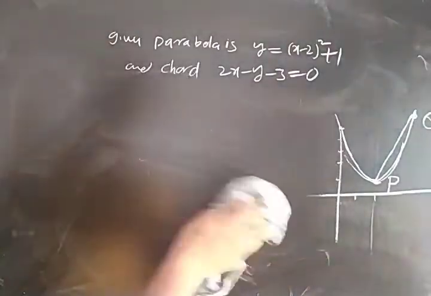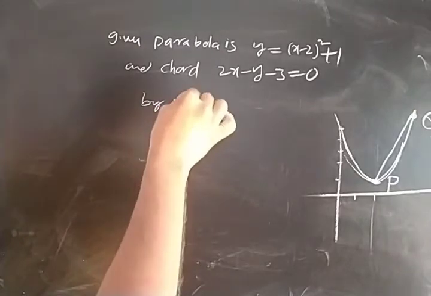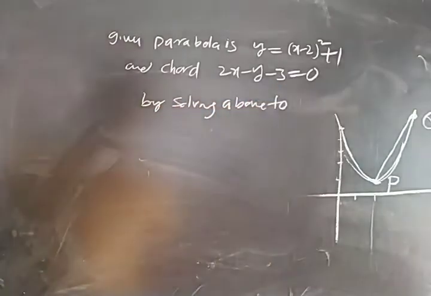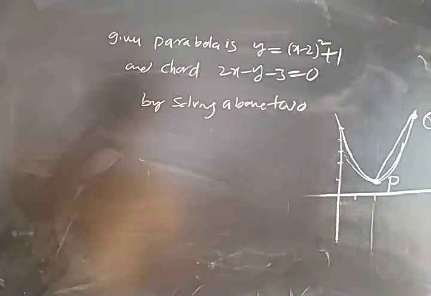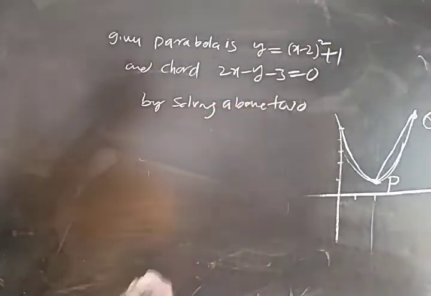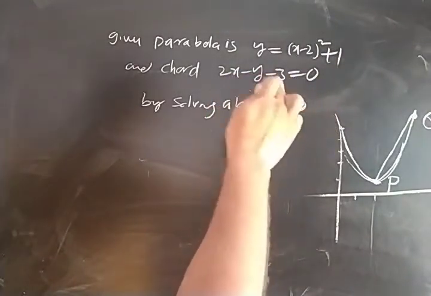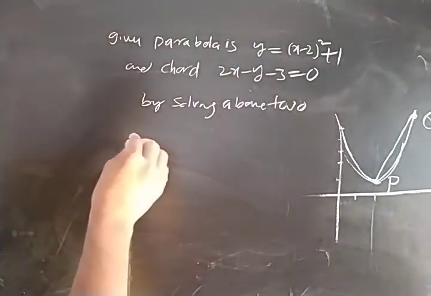By solving these 2 curves, one parabola and one straight line, I am finding y from the straight line: y equal to 2x minus 3. In place of y in the parabola, I am substituting 2x minus 3.